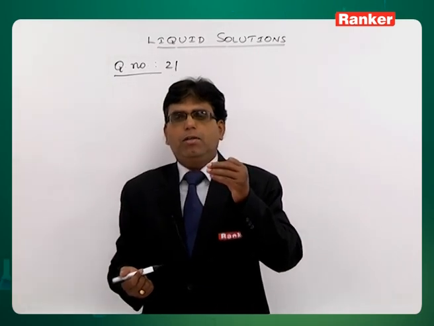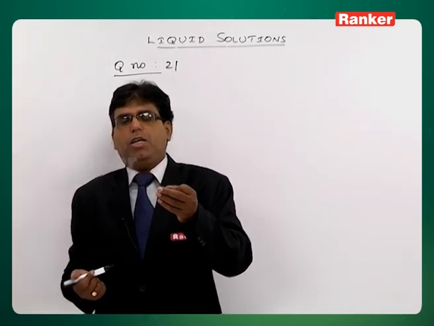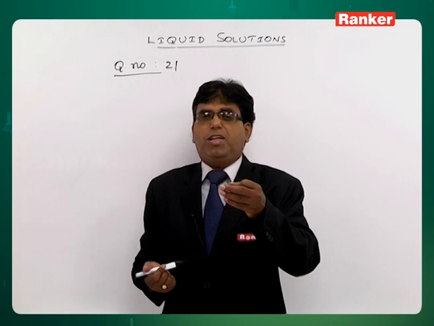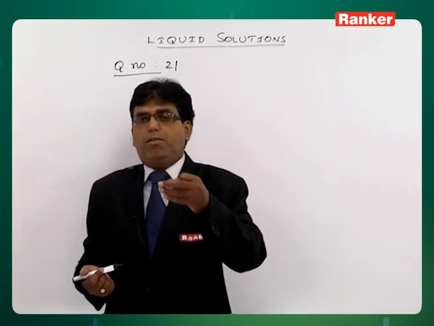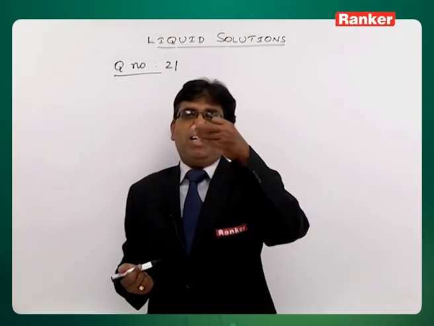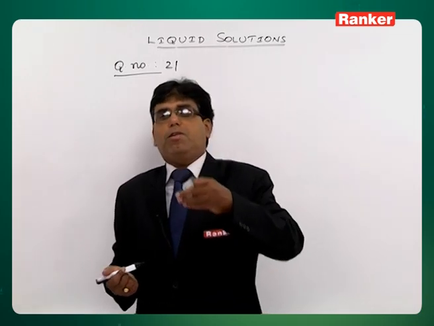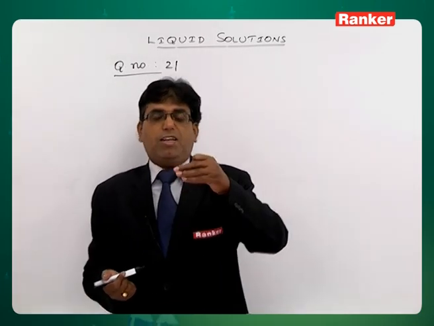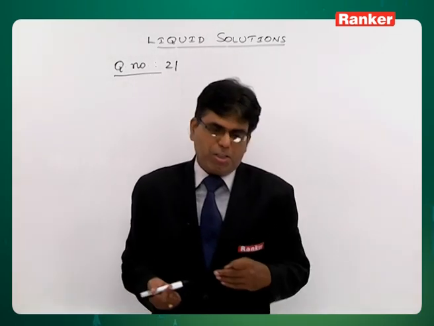When we increase the pressure inside, the boiling point increases, because boiling point is the temperature at which the vapor pressure of the liquid becomes equal to the external pressure. When the external pressure is increased, obviously the boiling point also increases, because it requires more temperature to reach that increased pressure.